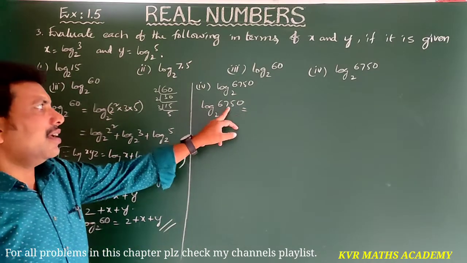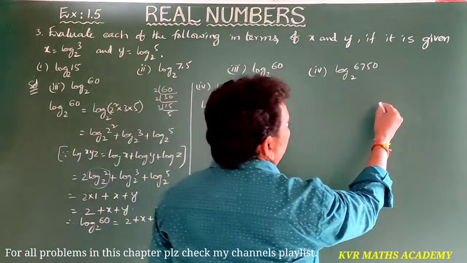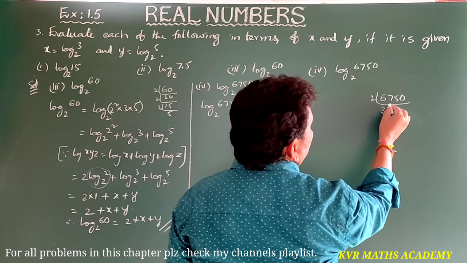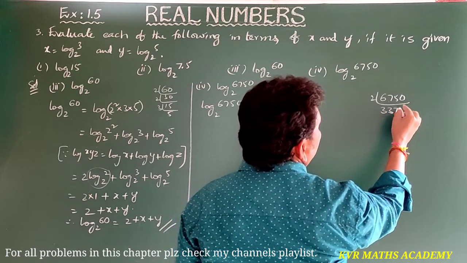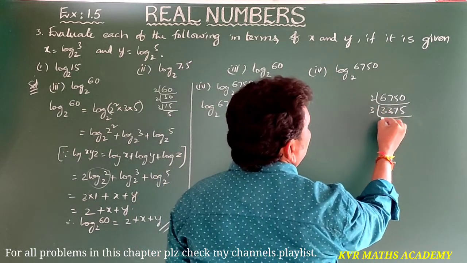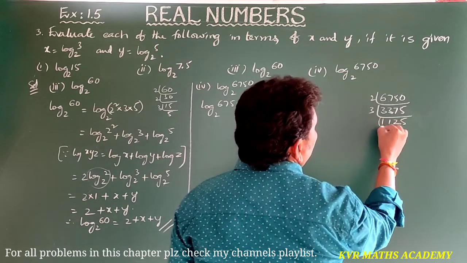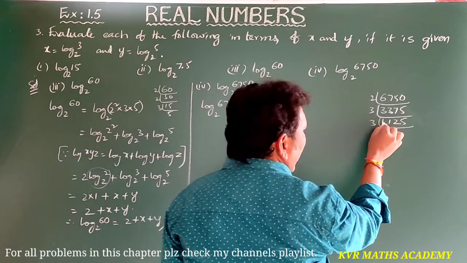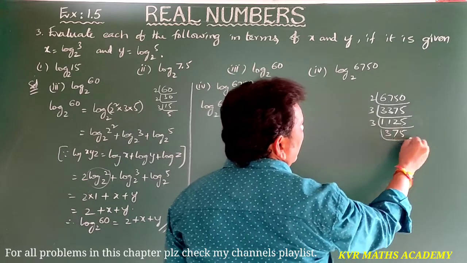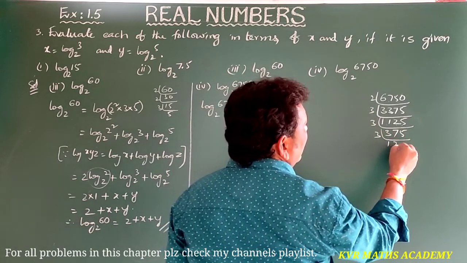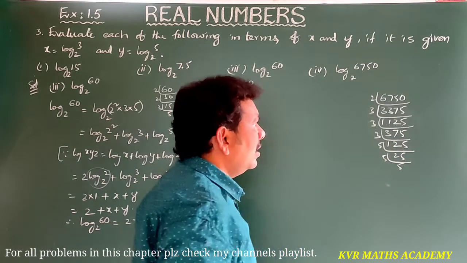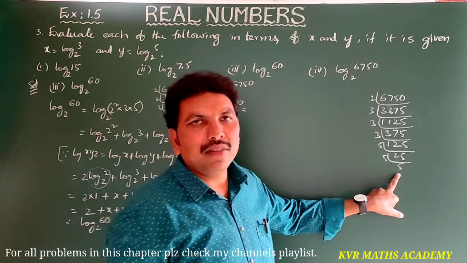Write 6750 as a product of prime factors. 6750 divided by 2 is 3375, divided by 3 is 1125, by 3 is 375, by 3 is 125, by 5 is 25, by 5 is 5, by 5 is 1. So it is 2 into 3 cube into 5 cube.